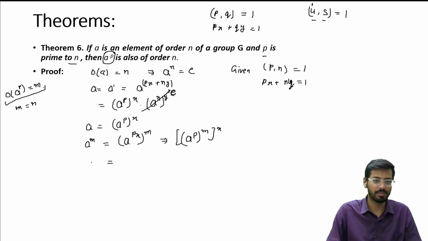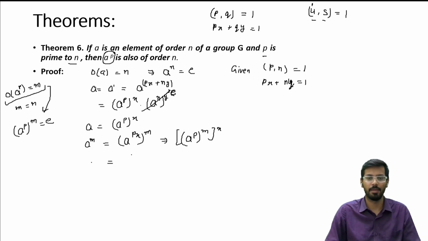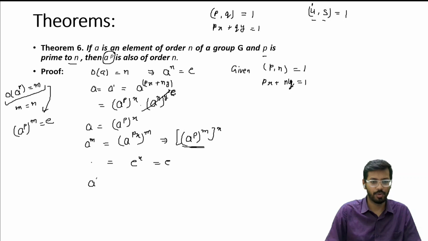From this, we can say a raised to power p whole power m is equal to the identity element. That is the definition of the order of an element. So e raised to power x is equal to e. So a raised to power n is the identity element.